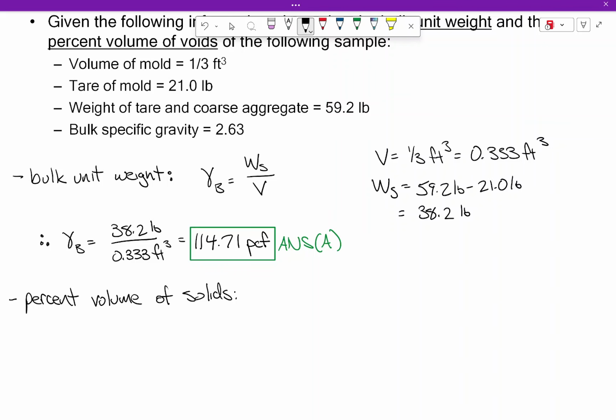Here's how we're going to work this out. We know that this is 114.71 PCF. Does anybody remember what the unit weight of water is?